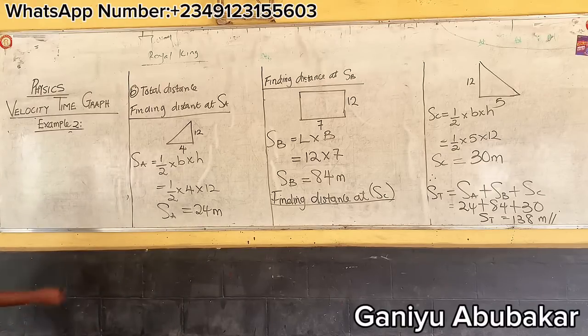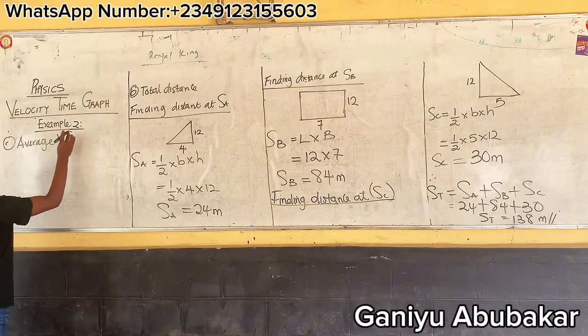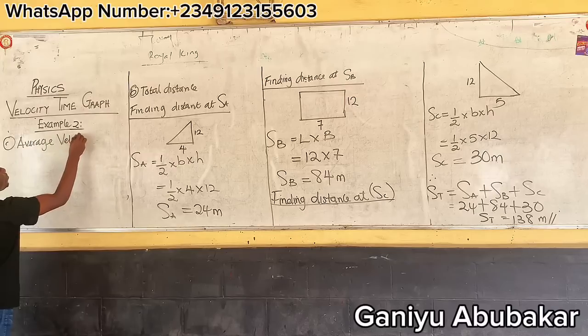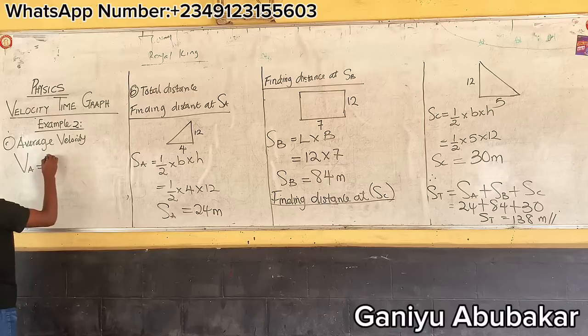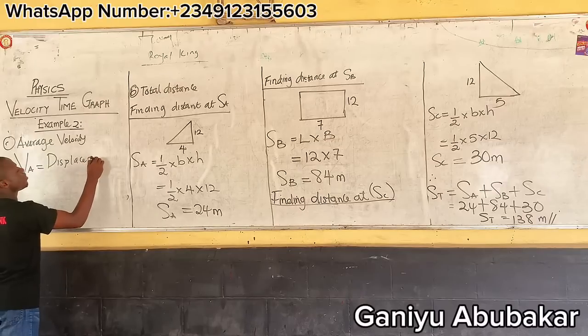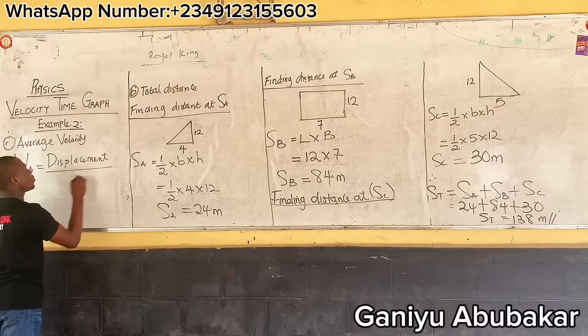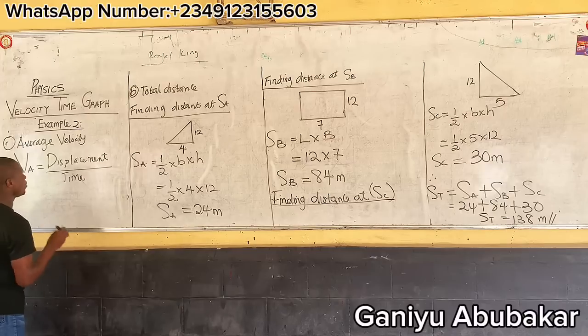Average velocity. That's VA, total displacement over total time.